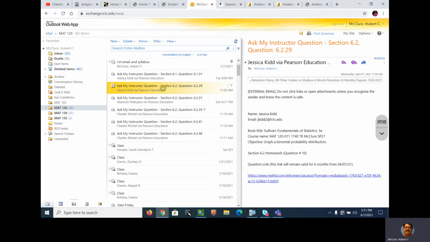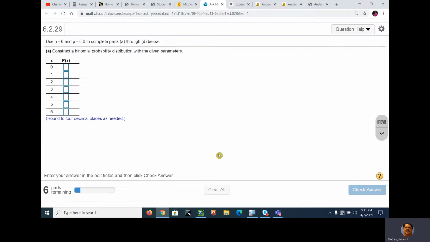All right, so here we go. 6.2, 29/10. Okay, this is a calculator problem. In this problem, they give you n equal to 6 and p equal to 0.6, and they want you to fill in where x is equal to 0, 1, 2, 3, 4, 5, 6.